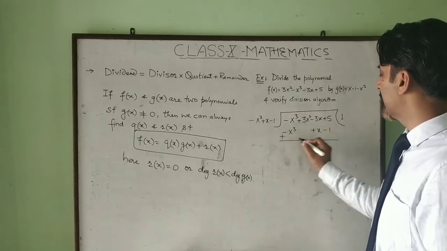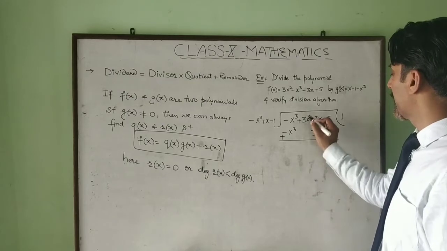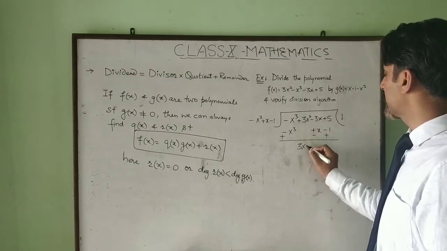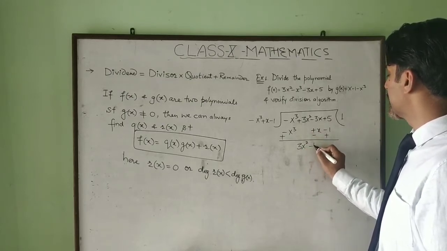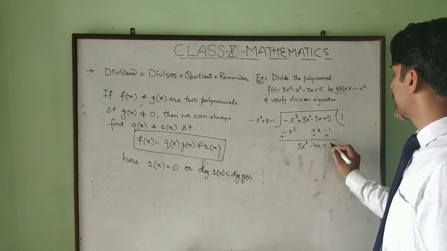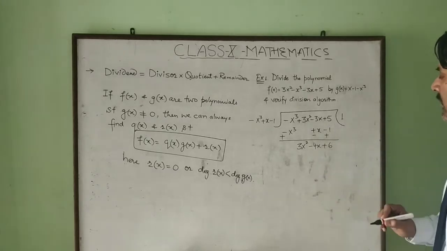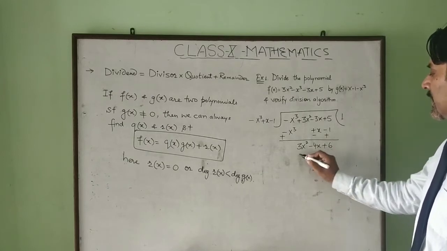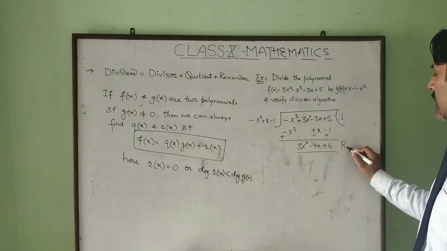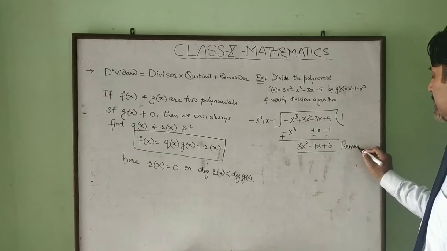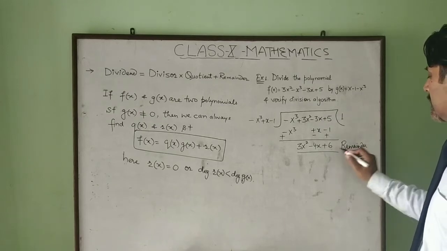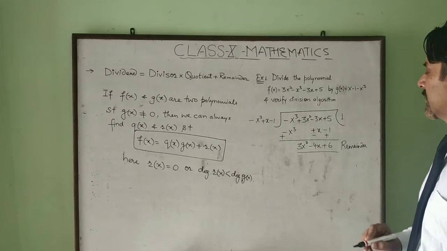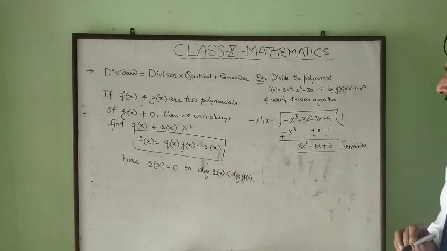On changing the sign, I'll get 3x square minus 4x plus 6. So this 3x square minus 4x plus 6, this is your remainder. Since this degree is less than this, therefore this is the remainder that I have.